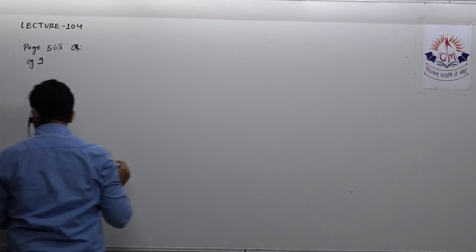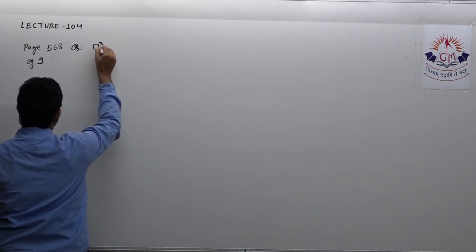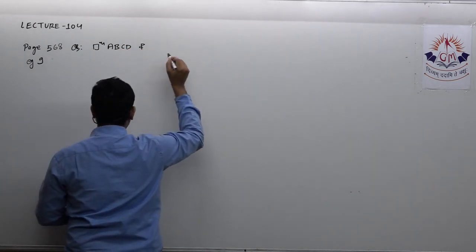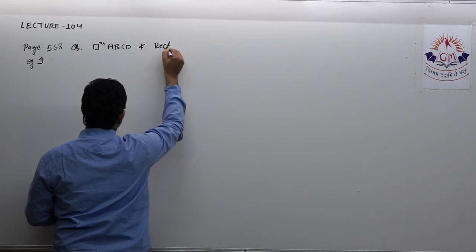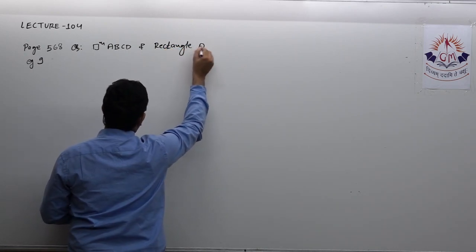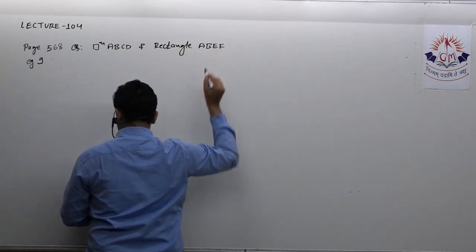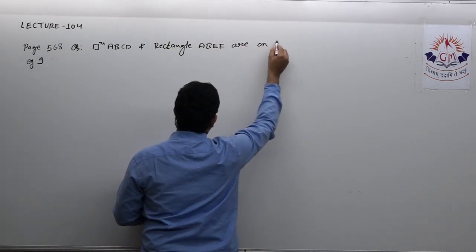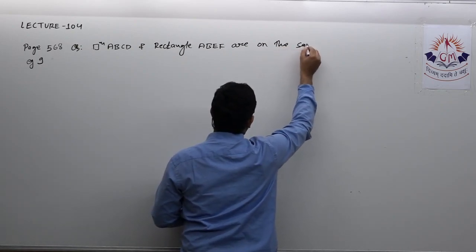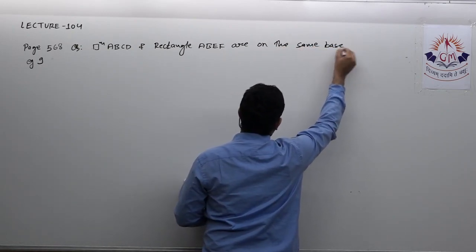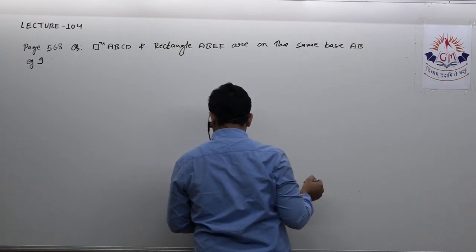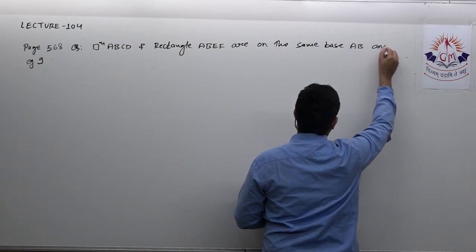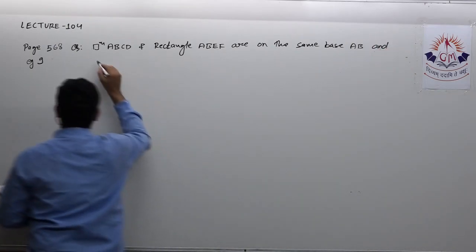Question is: parallelogram ABCD and rectangle ABEF are on the same base AB and have equal areas.